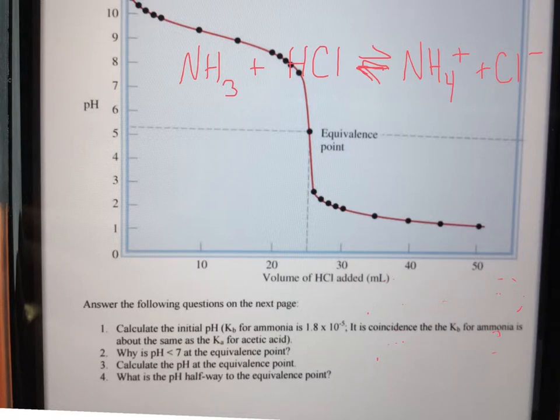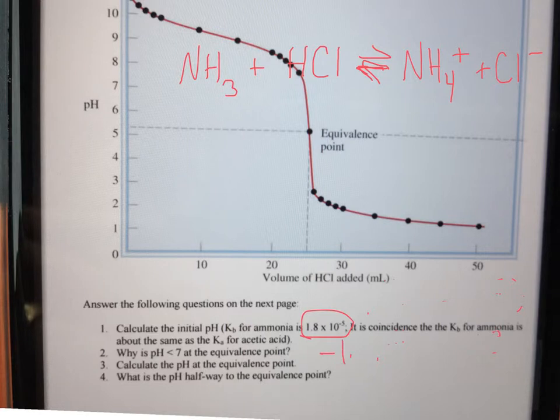So we're going to set up our expression. Again, we're going to take 1.8 times 10 to the negative 5th, and we're going to take the negative log of that.